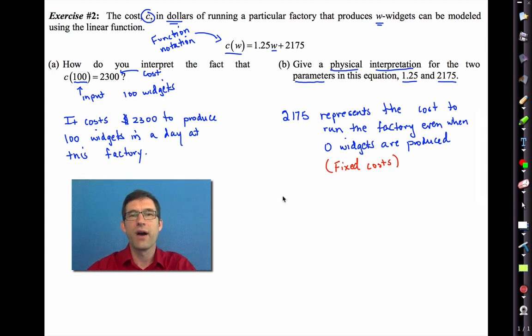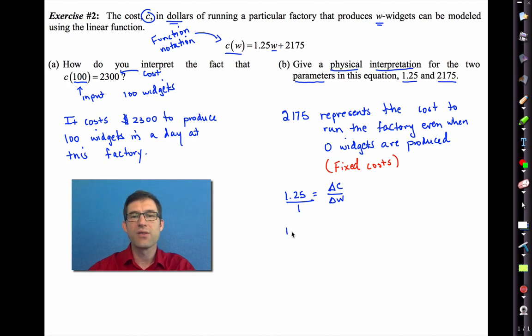Now, what does the 1.25 represent? Well, this one's a little bit trickier, but remember, this is a slope, right? So it's the change in C divided by the change in W. We write it as 1.25 divided by 1.